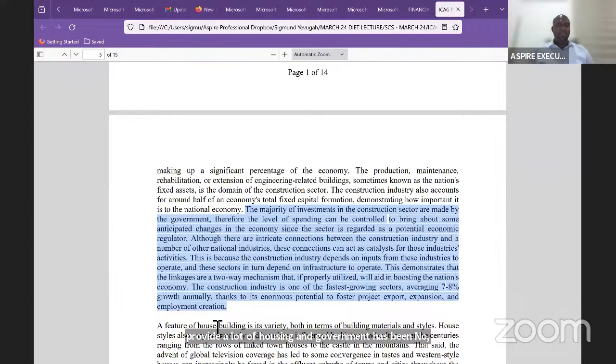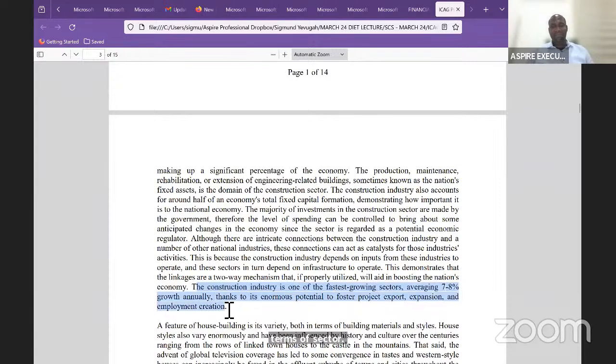So we can go on, and normally the construction industry is one of the fastest growing industries in terms of sector, averaging between 7 to 8% annually, thanks to the enormous potential to foster project export, expansion, and employment creation.